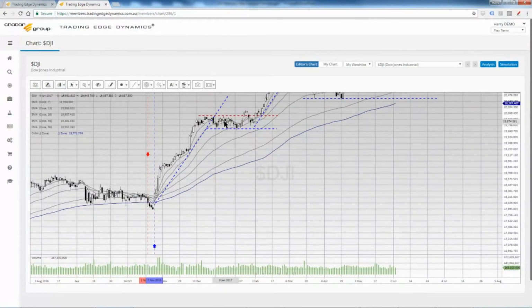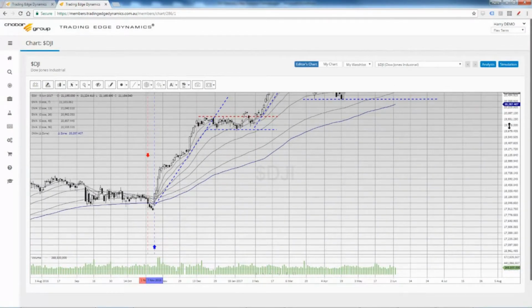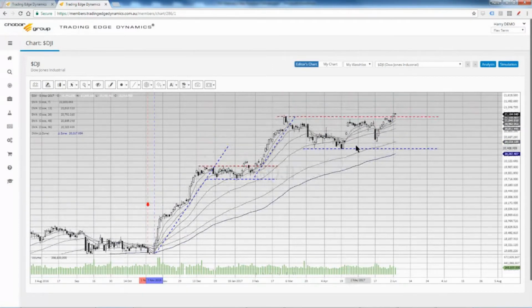We can see the consolidation areas, and we can see right now that we are just breaking up from this resistance in red dotted line. The supports are shown in blue dotted lines, and the trends are shown diagonally in blue or red, depending if they are uptrends or downtrends.